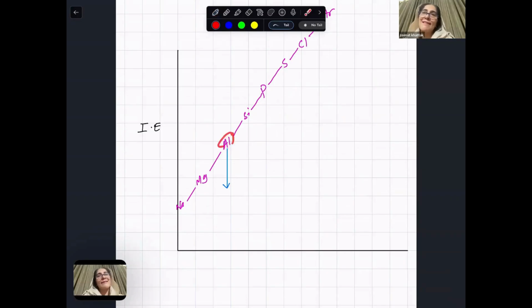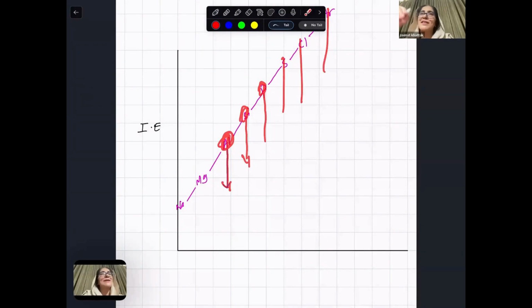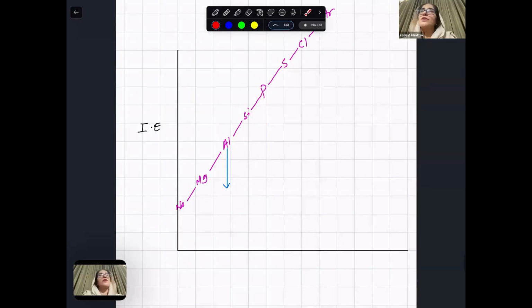Why? Because its last electron is in p. Its last electron is in p, so it drops. They all exactly drop by the same amount.